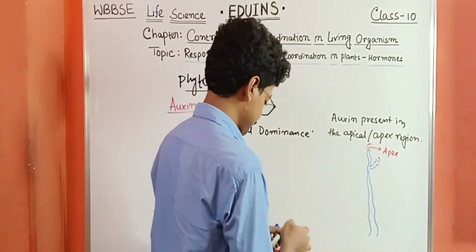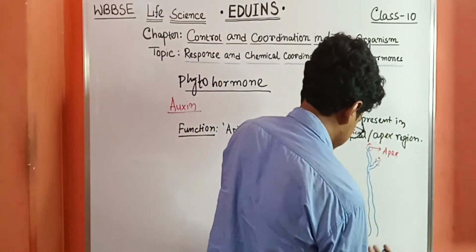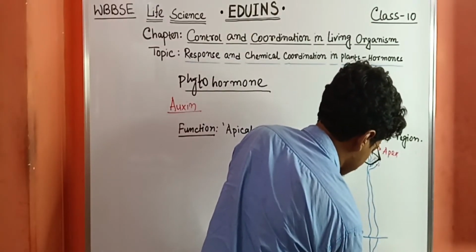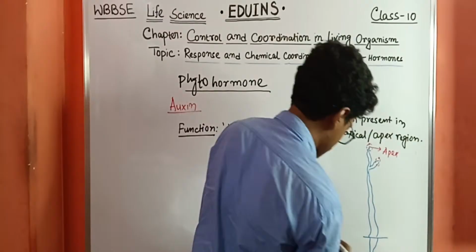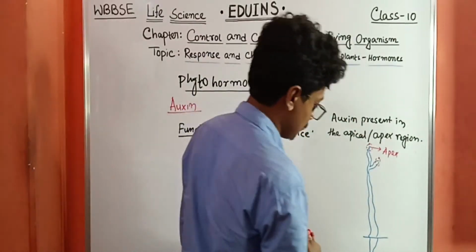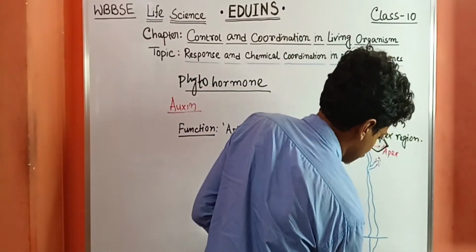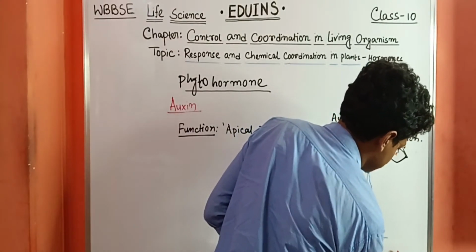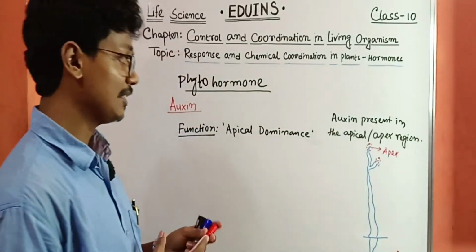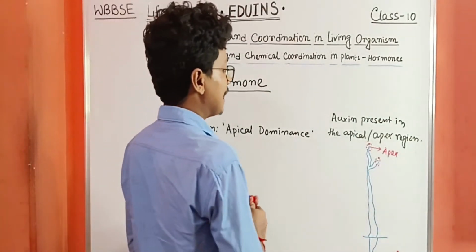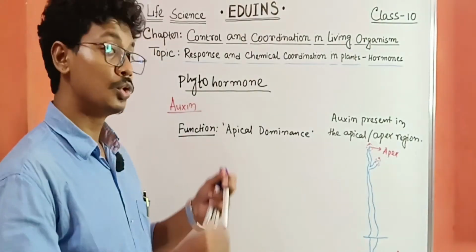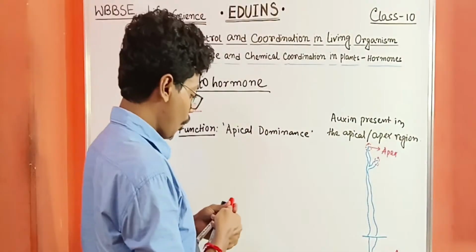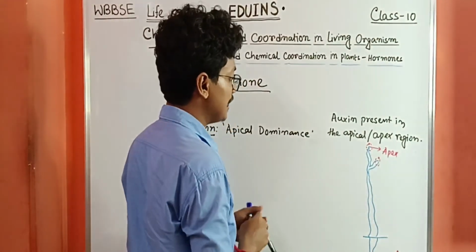Also here, the tip of the shoot and tip of the root, we find auxin. In the apex region, they help the plant grow lengthwise, and only this region is allowed to develop.